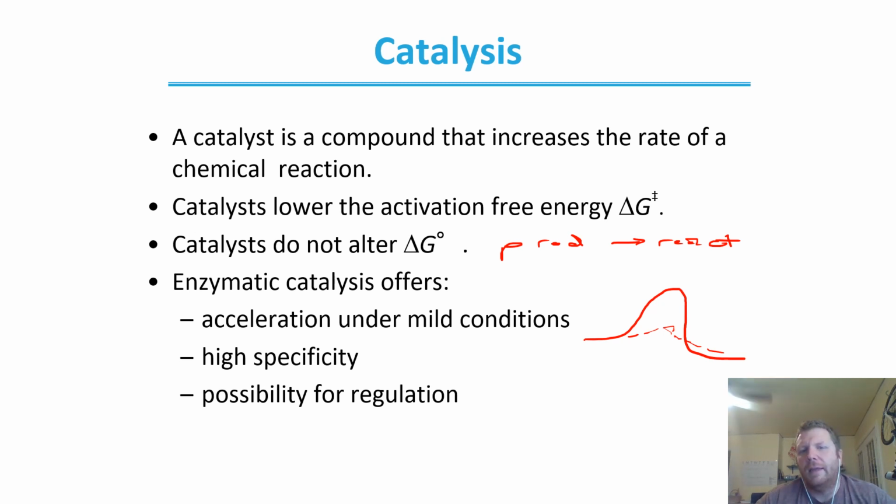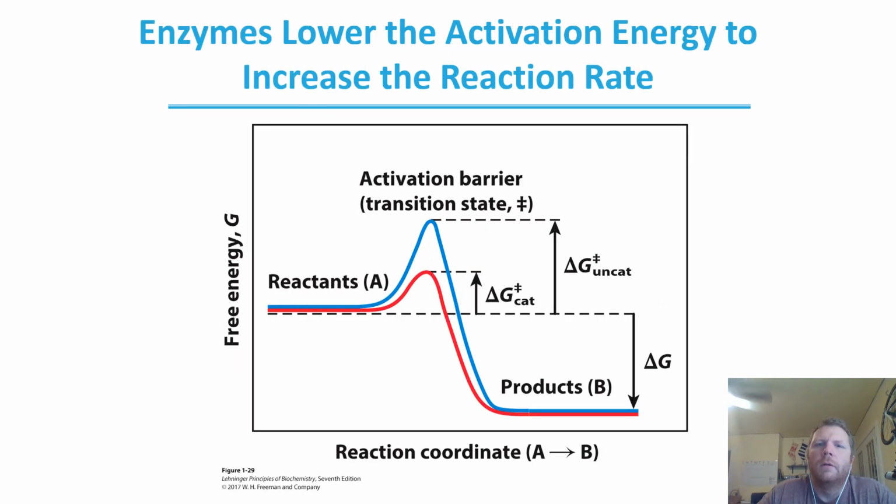But enzymatic catalyst offers acceleration under mild conditions compared to a chemical catalyst, high specificity for the substrates, and the possibility of some sort of regulation, whether it's a feedback loop or some sort of exterior regulation by another party. Now, here's what I was trying to display in the previous slide by drawing it. Well, I shouldn't have done that, but live and learn.